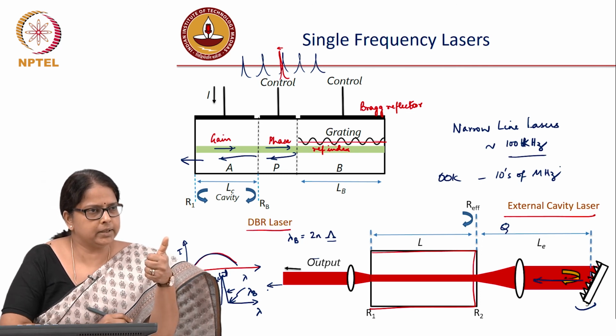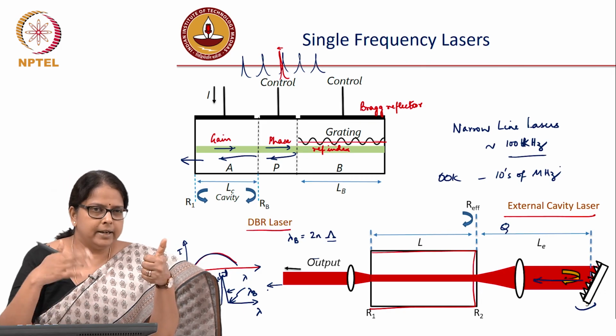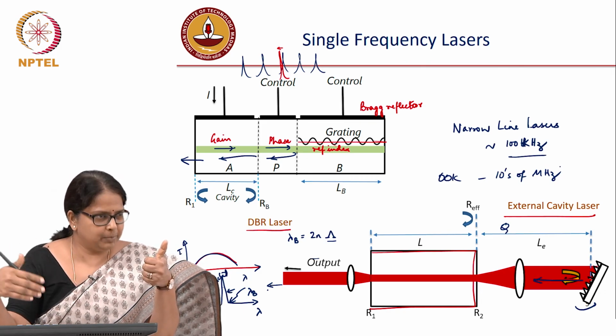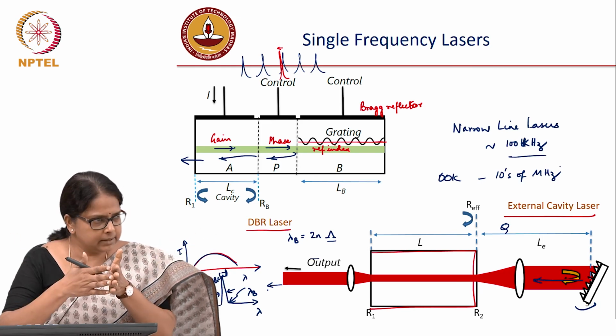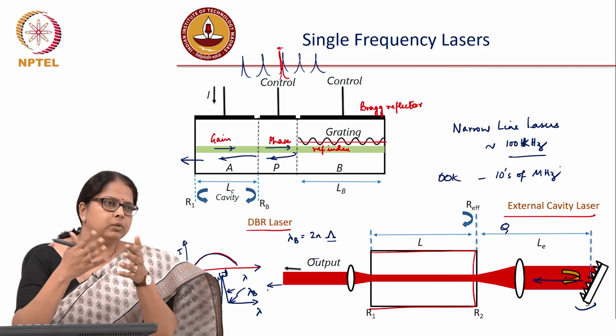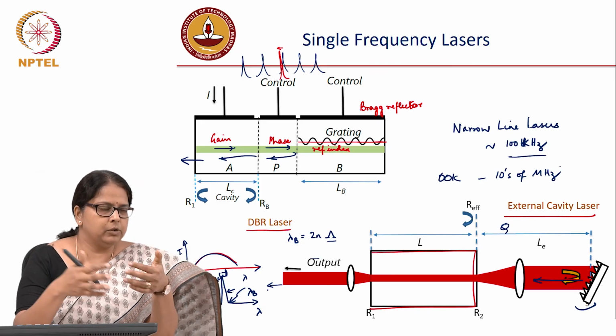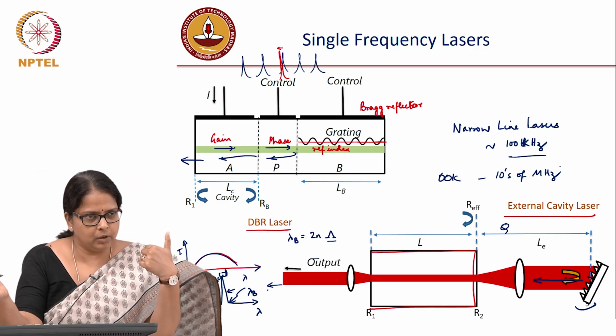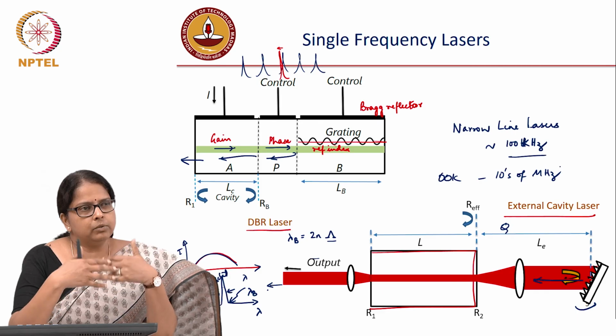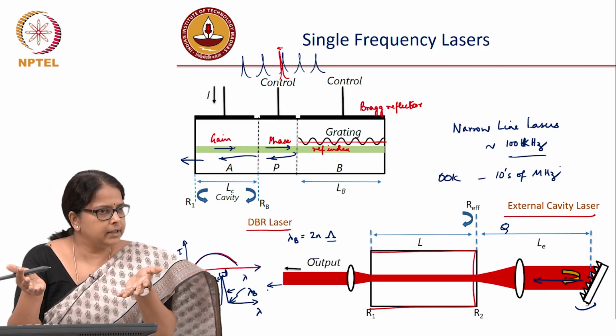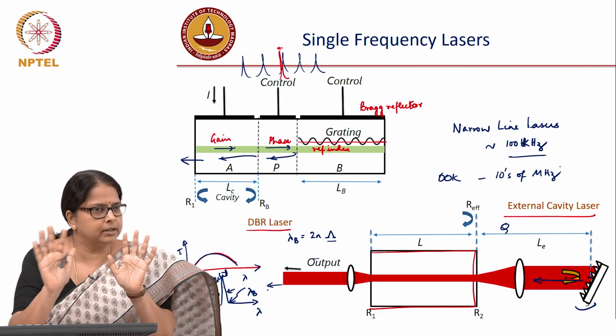Just to summarize, we started using lasers because we wanted very large speed of modulation, direct modulation, and also a narrow line width. We looked at the modulation bandwidth of the laser and the resonant frequency. Then we also looked at the sources of noise in the laser, and we said amplitude and phase noise are the two major sources.